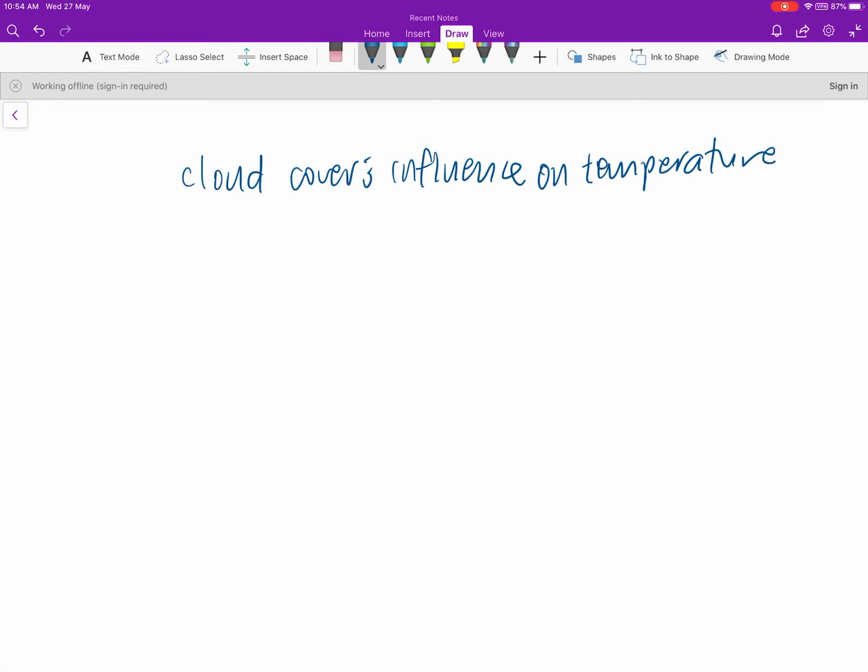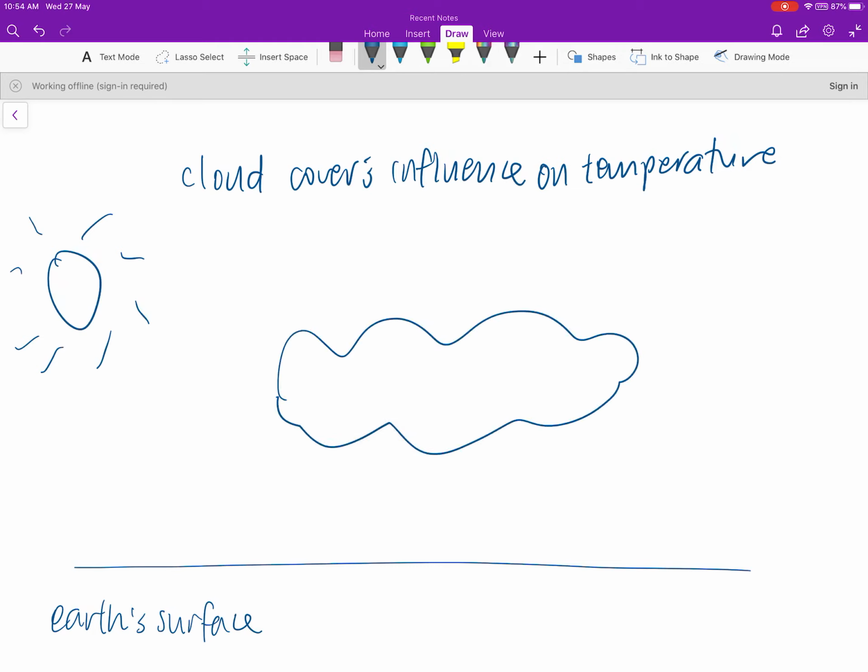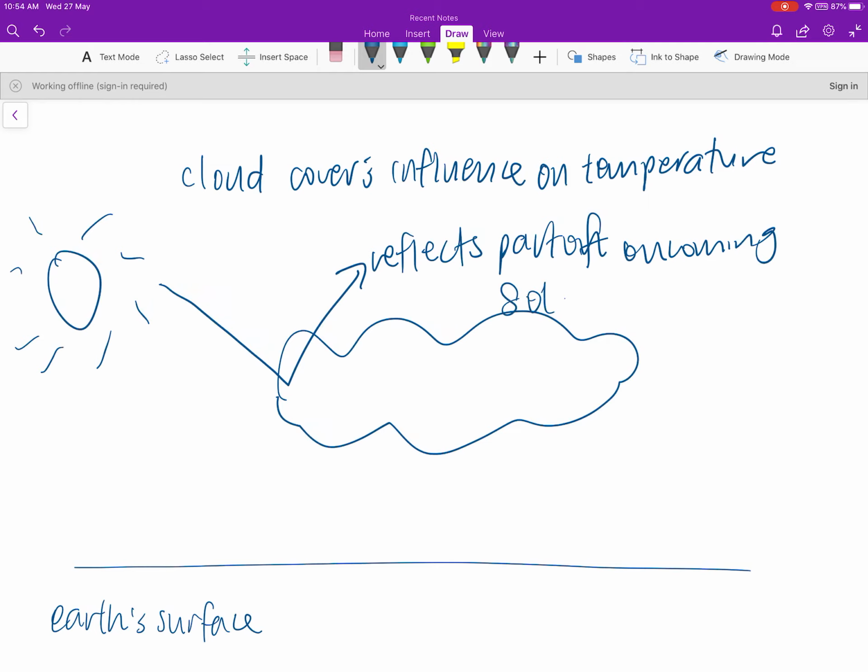Okay, so in the day, this is how it happens. There is a cloud. That's how cloud cover influences temperature. And the cloud reflects part of the oncoming solar radiation from the sun.